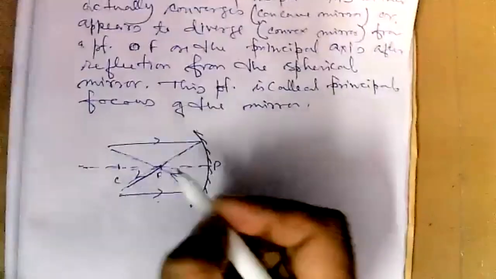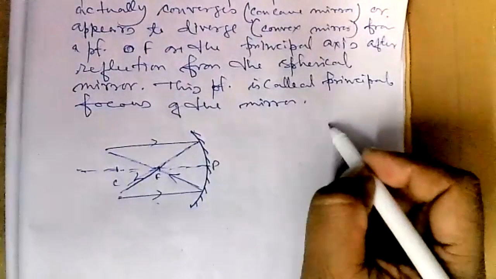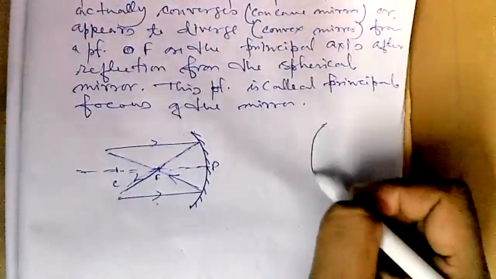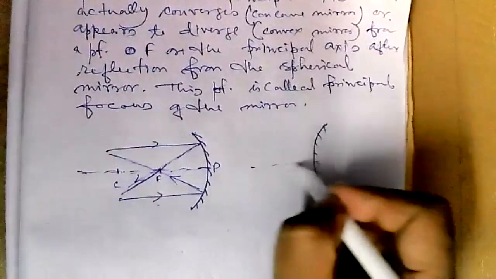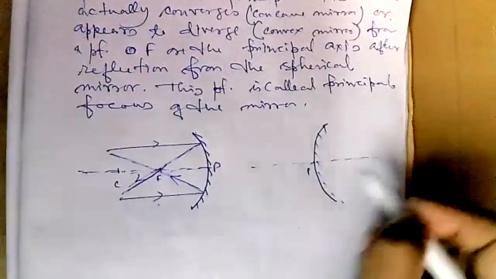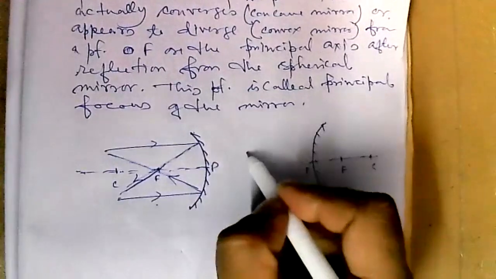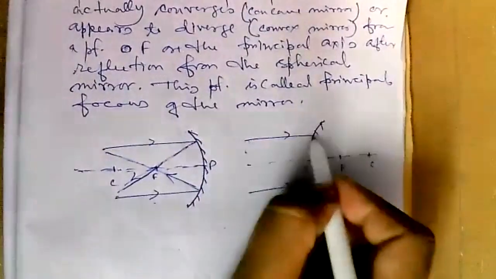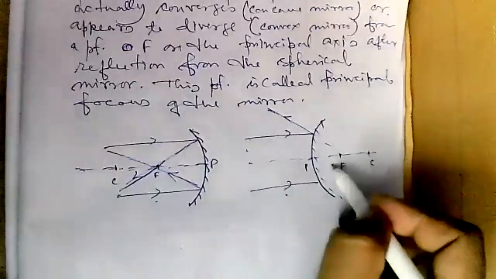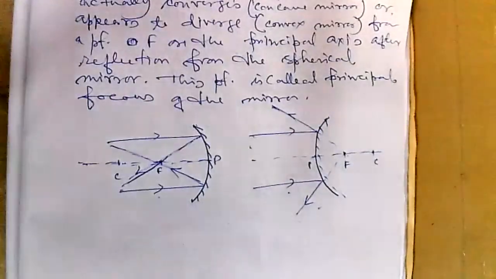This F is the principal focus. Now, in case of a convex mirror, the principal focus is behind the mirror. So when the rays parallel to the principal axis are reflected, they appear to diverge from this principal focus.